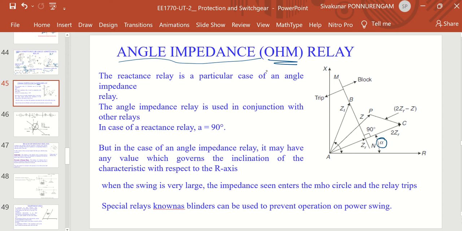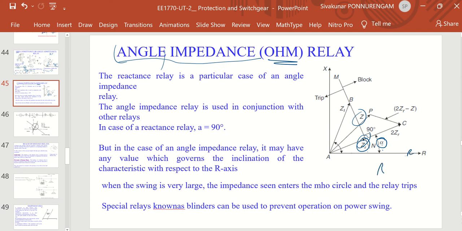If the alpha changes, this particular point changes, ZR will also change, and the Z value changes. So the entire impedance value is a function of the alpha, and this is called the angle impedance relay. Once again I repeat, this is the RX diagram, for resistance and reactance.